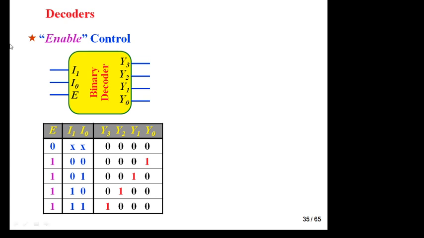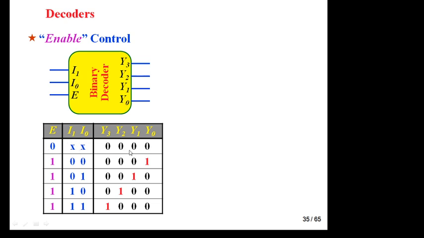In this case, suppose this is a 2 to 4 decoder. If enable is 1 and input is 0 0, it will give y0. If enable is 1 and input is 0 1, it will give y1. If 1 1 0, y2, and 1 1 1, y3. If the enable value is 0, it does not give any output.